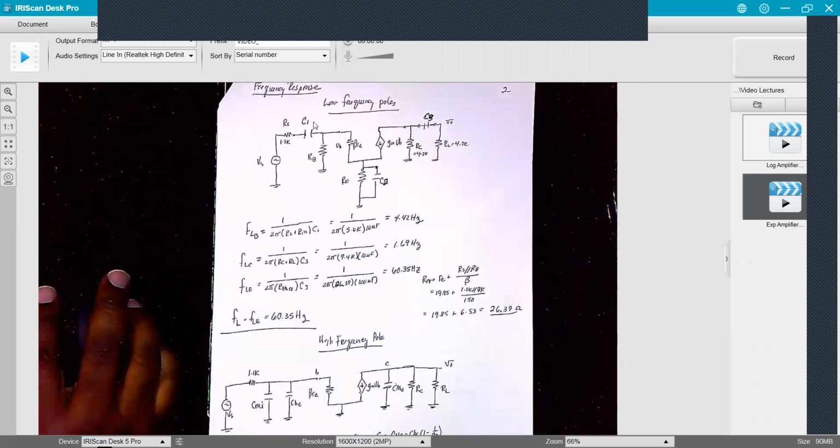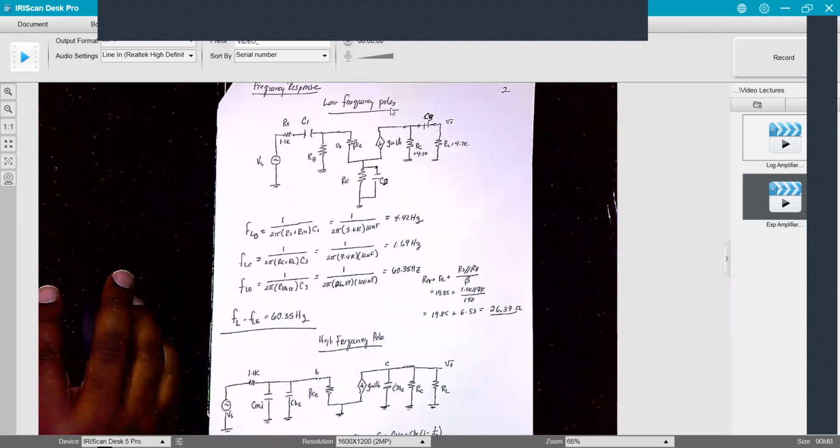So here is our small signal model showing the capacitors. And so now, in order to find our poles, our low frequency poles are going to be due to our C1, C2, and C3 capacitors.